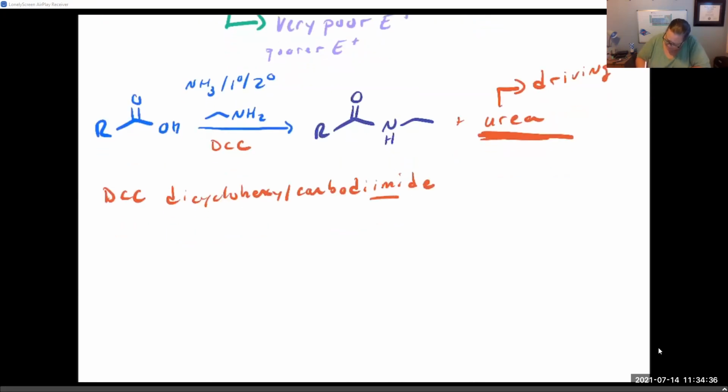Well, it's a diimide, so there's the diimide portion, and then dicyclohexyl. This is DCC right here, and the urea we form comes from DCC.